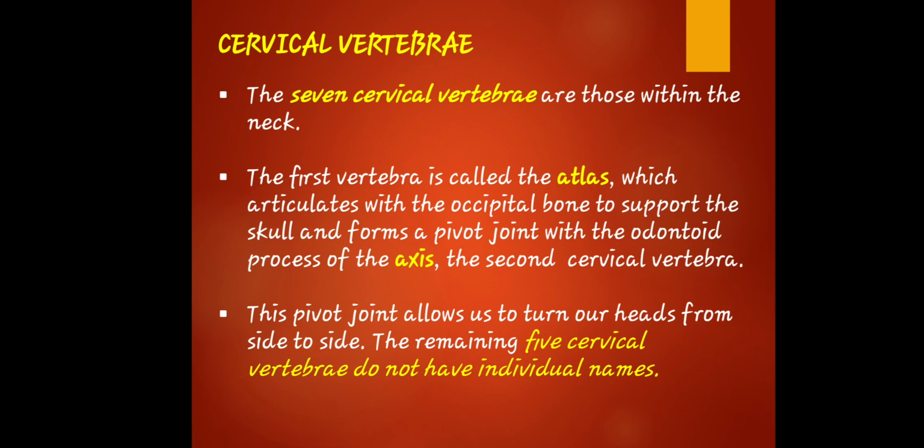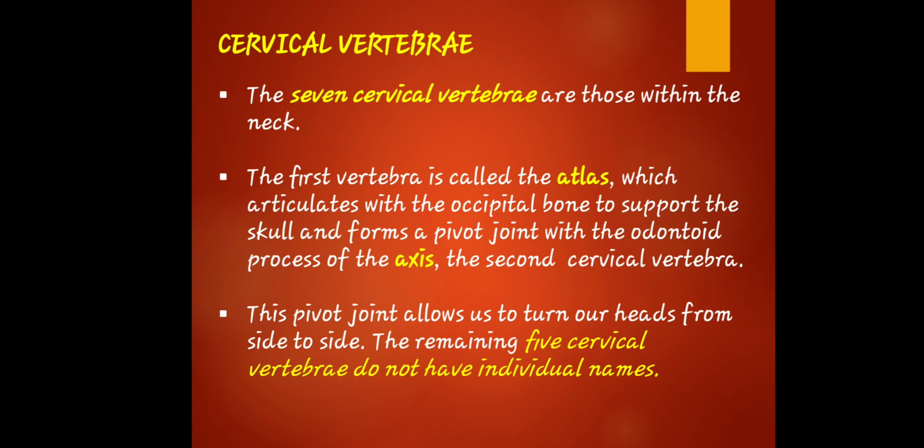Together, they support the skull, facilitate neck movement, and protect the spinal cord. So that is the explanation of the atlas and the axis. Always remember that the atlas is the topmost bone, followed by the axis. Together, they support the skull, facilitate neck movement, and protect the spinal cord.